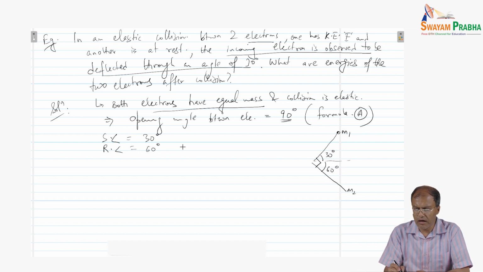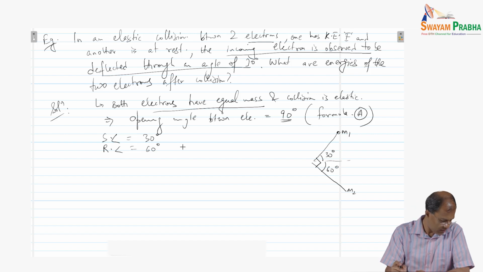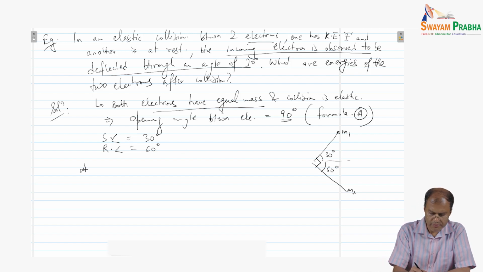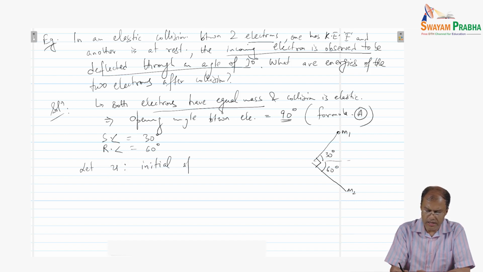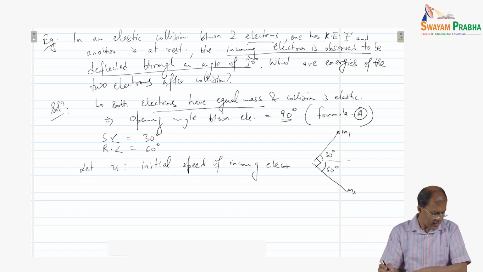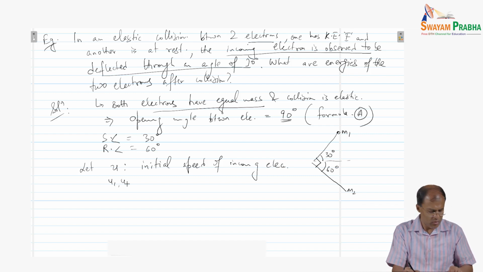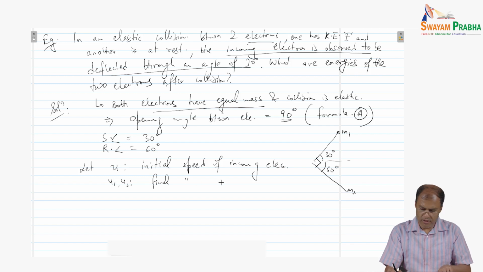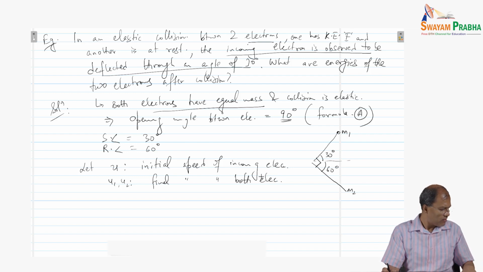Now we can start to write the energies of the system. Let u be the initial speed of the incoming electron, and u1, u2 the final speeds of the two electrons.